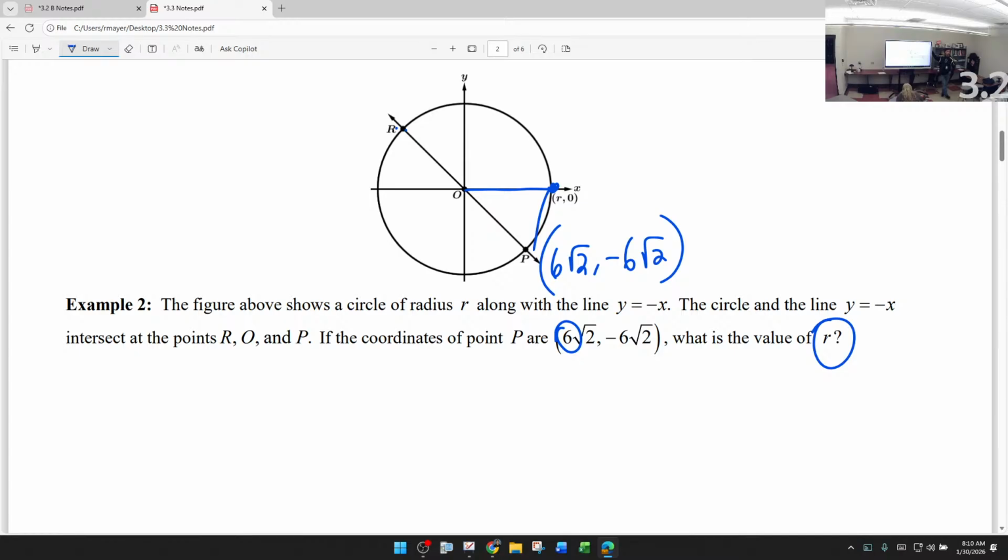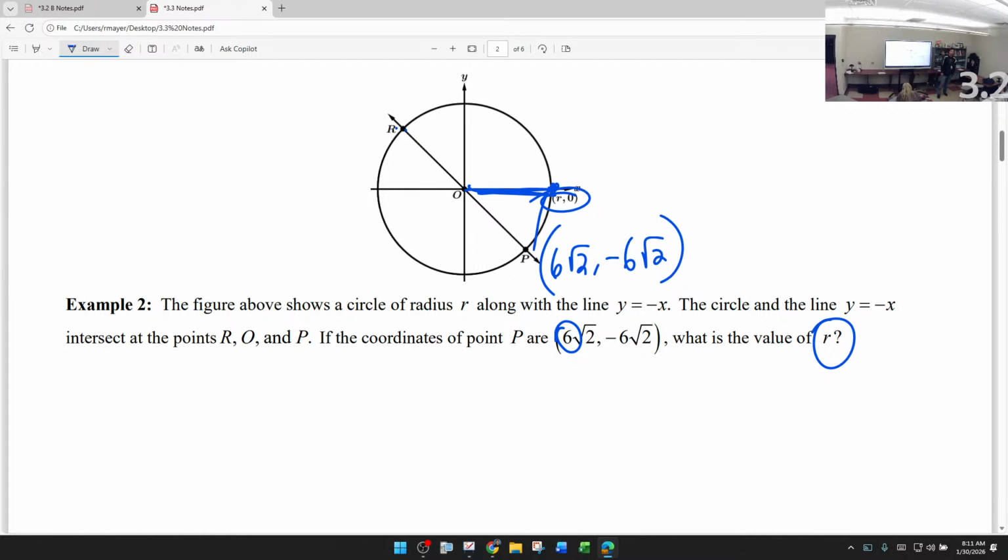Nothing you don't know. If you square 6 root 2, you get 72. And if you add 72 and 72, you get 144. And the square root of 144 is 12. And if the radius is 12, then this point right here has to be 12, 0.